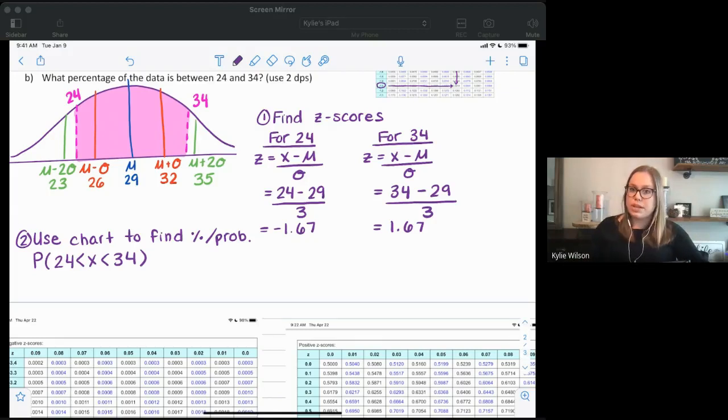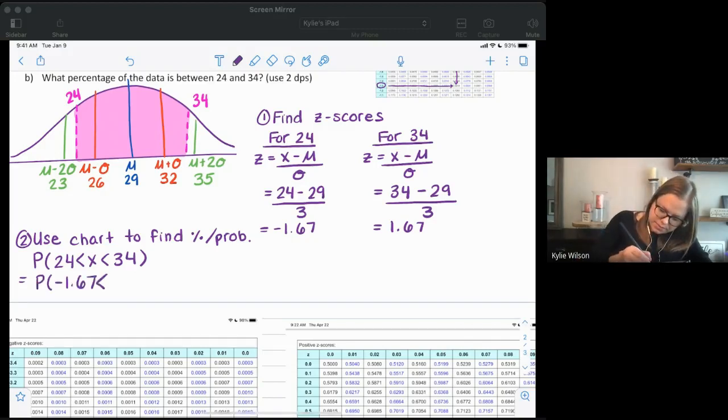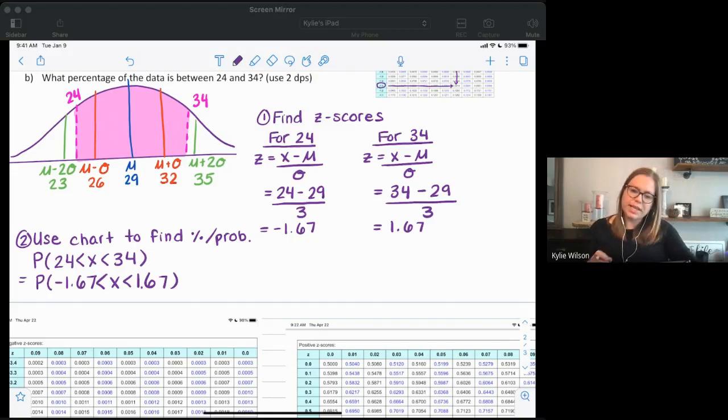That's what we're looking for. Now we have standardized this and written everything in terms of z-scores. So we can rewrite this as our lower z-score, X, and then our higher z-score here, just like that.